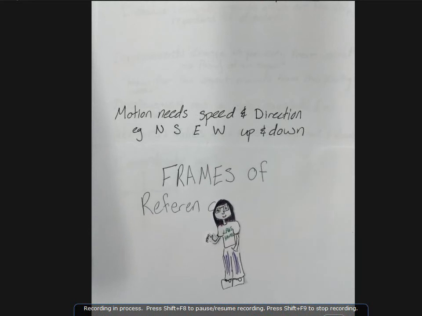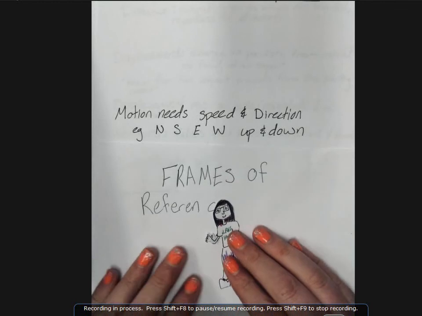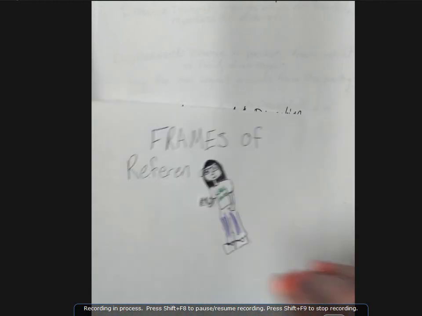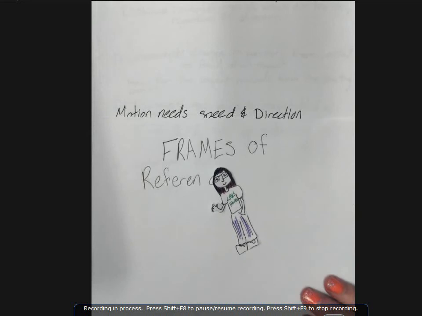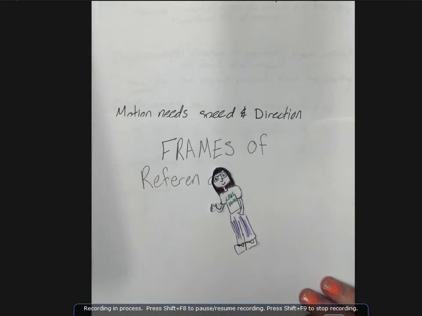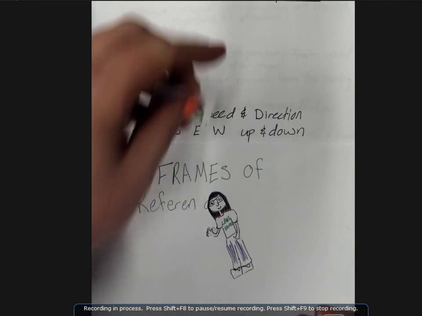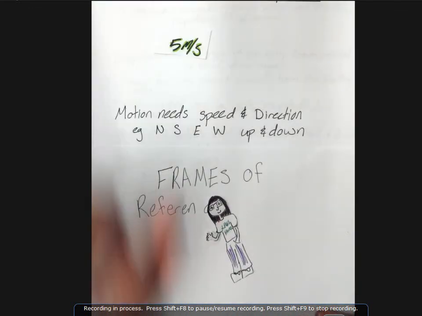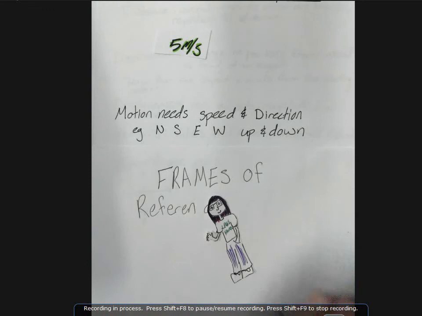All right, so we have in our example, where's my little hedgehog identifier? All right, so we said that our hedgehog had a speed of 5 meters per second.